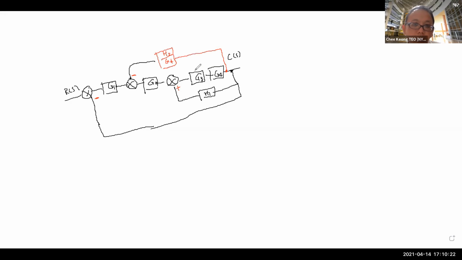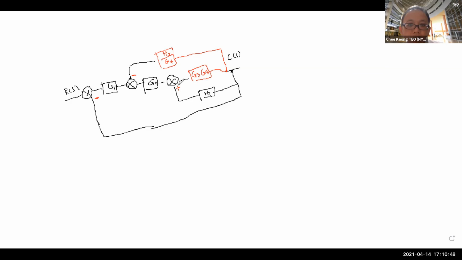And also this one, I can change because it's G3 times G4. So then I can change this as G3 times G4. Just by one move, you can see that you can have so many things change.